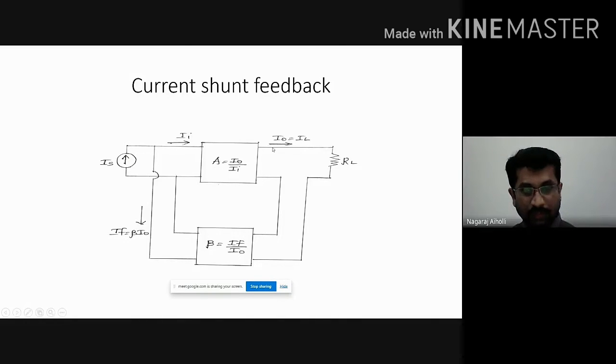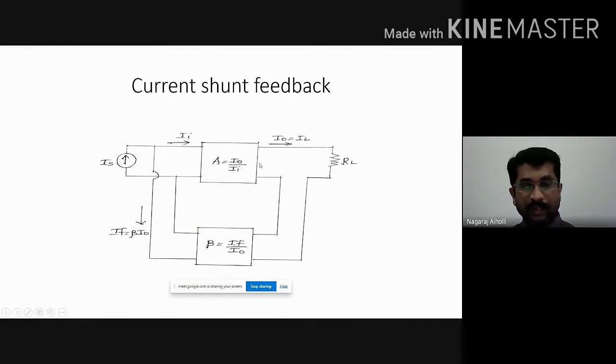Now the output current is tapped from the output of the amplifier and applied as input to the feedback. This is the meaning of current. The meaning of shunt is that the output of the feedback network is applied in parallel, or in shunt, with the input current source.